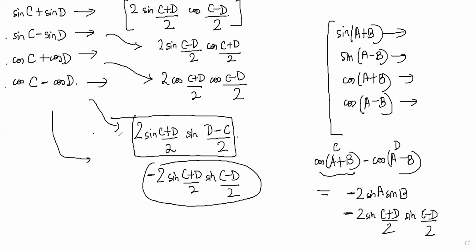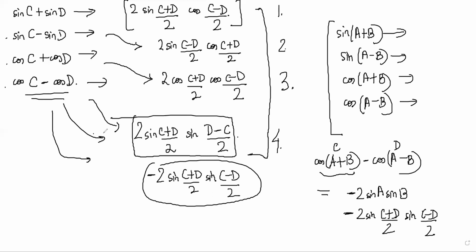So these 4 formulas are super important. These 4 formulas: 1, 2, 3, and this is the 4th one for cos c minus cos d. Don't try to mug up everything immediately. If you cannot remember immediately, it's fine, but you know how to derive it.